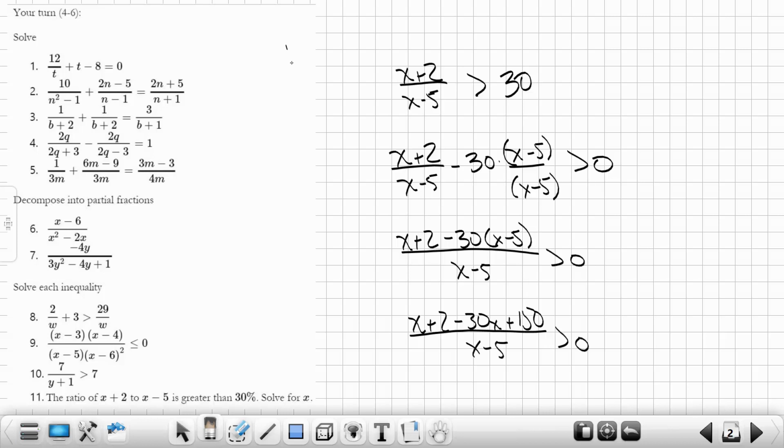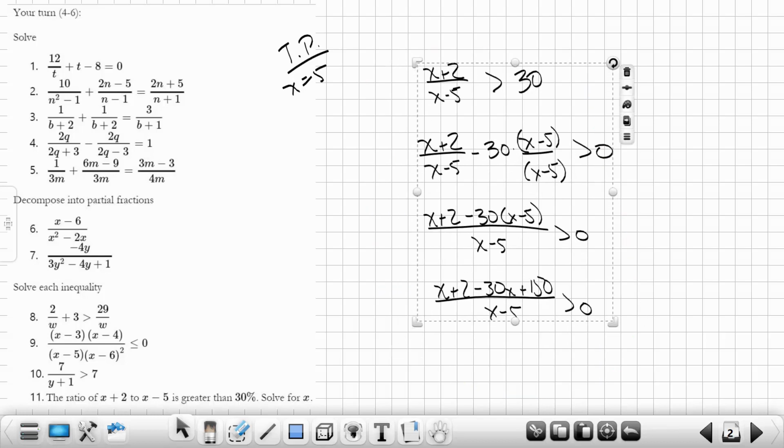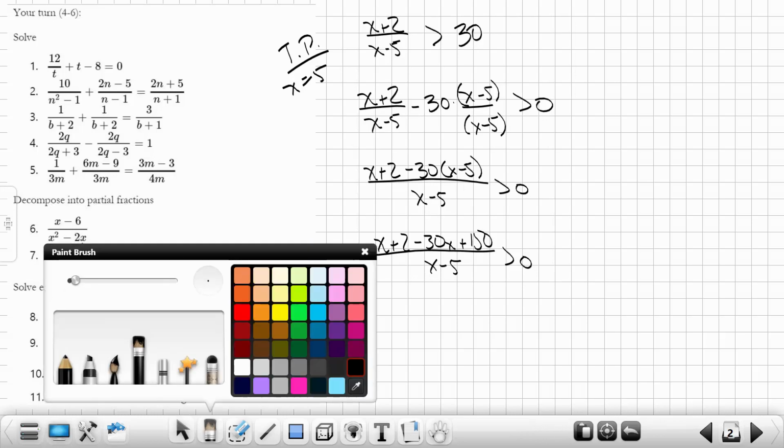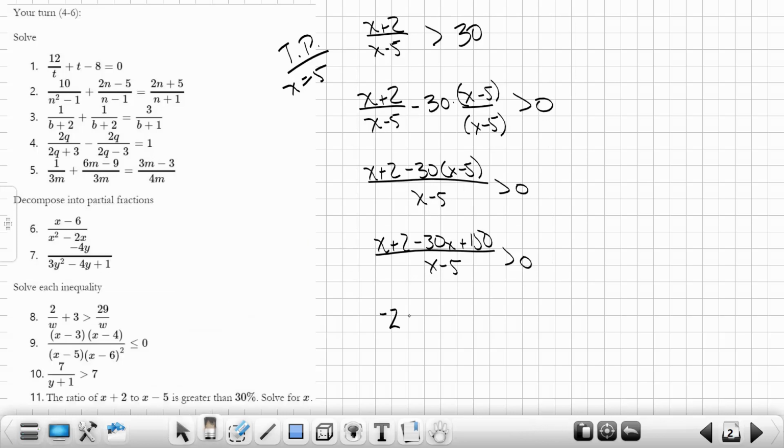So really quick off the top, my test point here was x equals 5 because of that. We're going to have a different test point from the numerator on this one. I'm going to shrink this just a little bit, move it over. Combine like terms, I get negative 29x plus 152 over x minus 5 greater than 0.